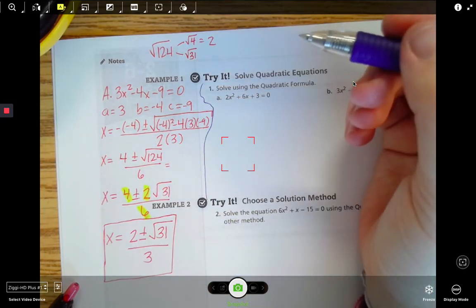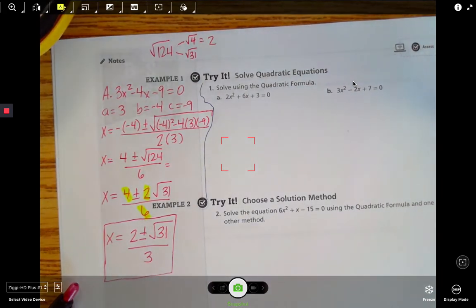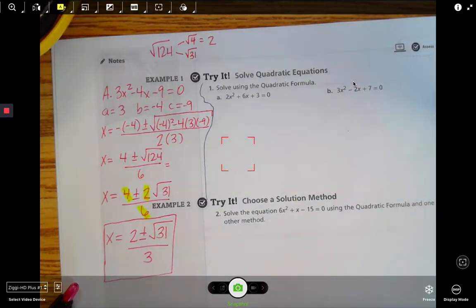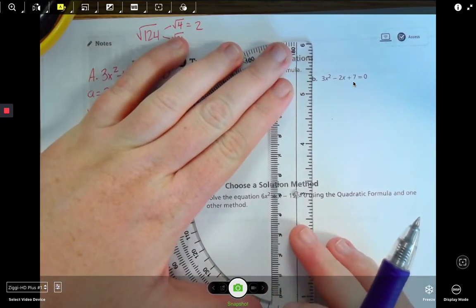So let's take a look at the example in your text or in your notes. Alright, so what I've got in my notes is, first of all, I'm going to draw a line, that way I don't work too far over.